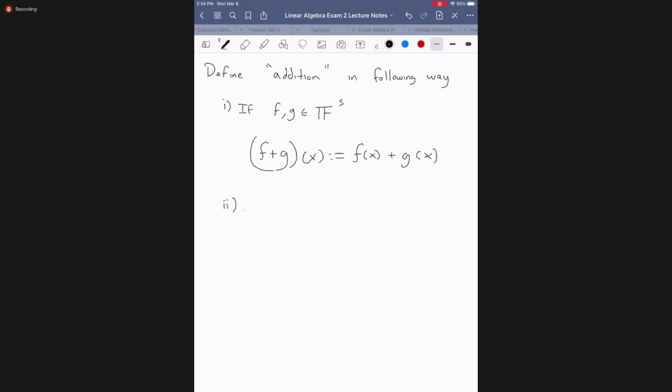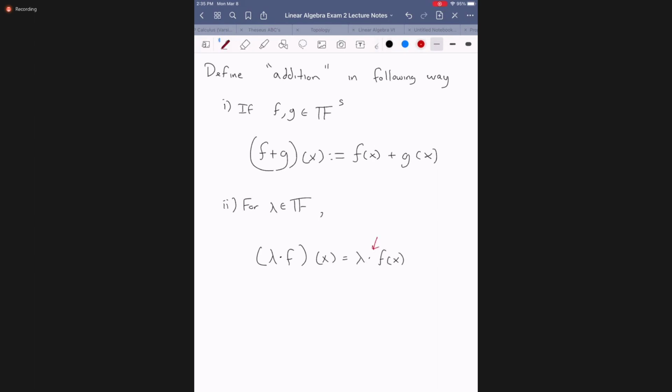So for lambda in my field F, let's define lambda times f, evaluated at x, to just be lambda times f of x, okay? And this multiplication comes from the field.